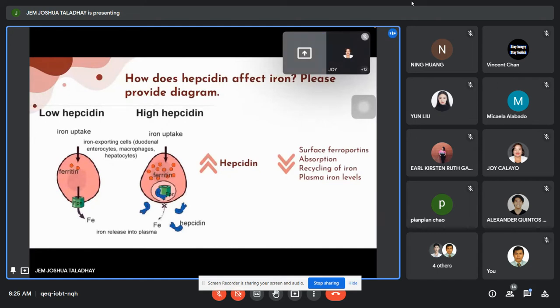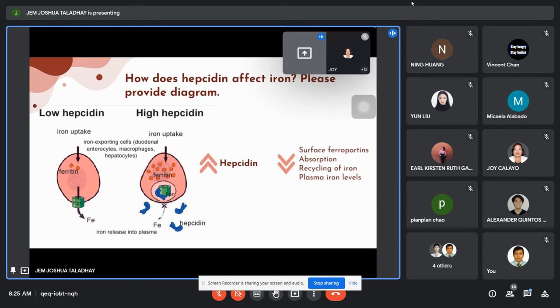As we all know, hepcidin is the principal regulator of iron absorption and its distribution. It influences iron absorption through the attachment of hepcidin to the ferroportins.